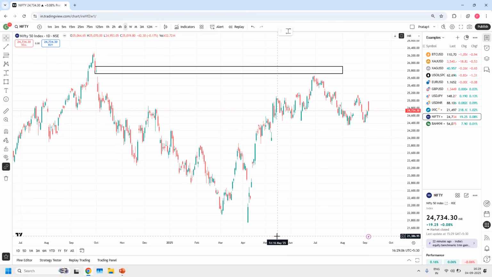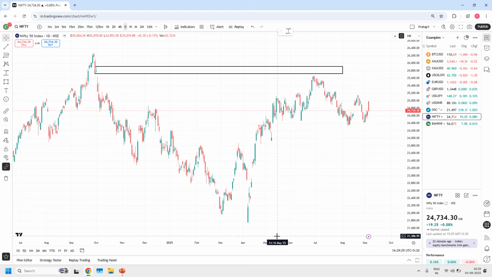Even before that, the balanced area we need to identify, where prices are moving in a balanced way. After that, the balance changes to imbalance. That confirms institutional participation. Institution participated means there are so many unfilled institutional orders available.